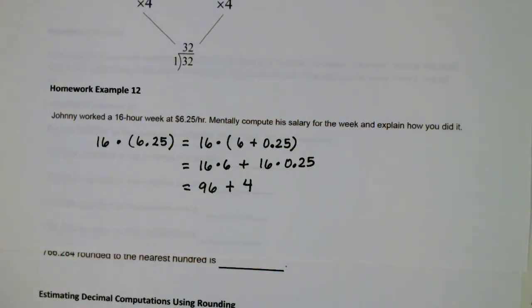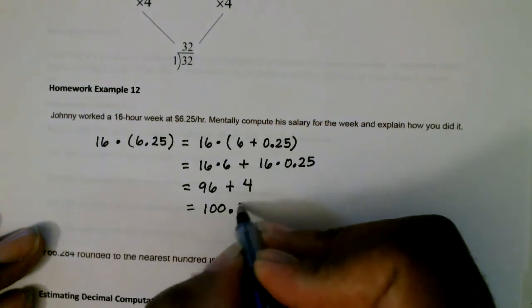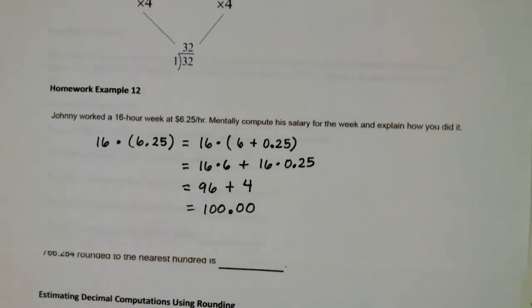And then 96 plus 4 ends up being, of course, 100. And if we were to round to the nearest cent, they want this, 100.00. So Johnny was paid $100.